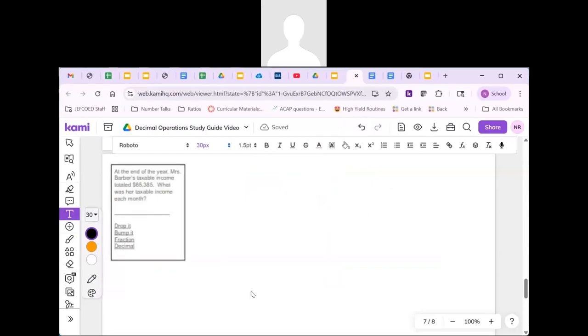Okay? At the end of the year, Mrs. Barber's taxable income, which means money you made, right? Income totaled $65,385. Okay, so you're thinking, you don't know anything about taxes. 6th graders aren't supposed to know this. Why are they giving me this?